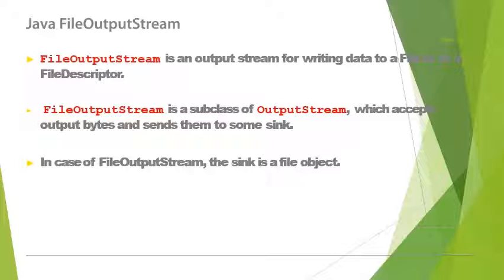It will write data to a file. That is, our destination will be a file. It is the same as the OutputStream classes, but the destination we are using is a file. We are writing into a file. FileOutputStream is a subclass of OutputStream.